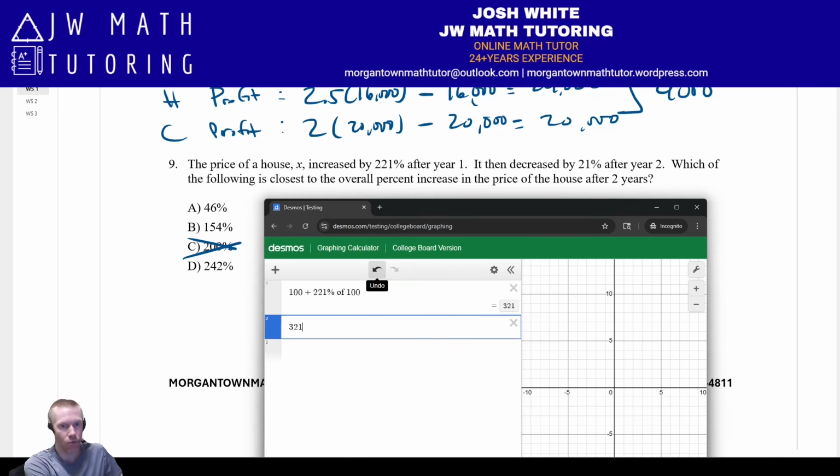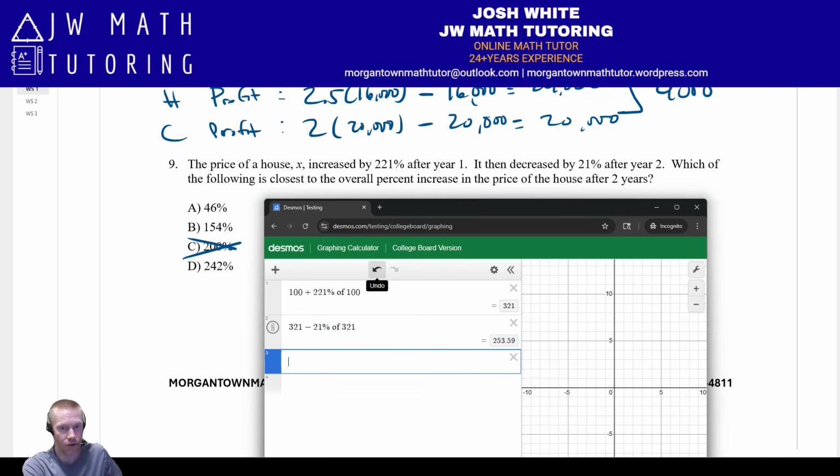Then 321 is going to decrease by 21% of it. So now I get this. So this is my ending value. I started at 100, I ended at 253.59. What is the percent increase? Well, the way you find percent increase or decrease is you take new minus old divided by old.